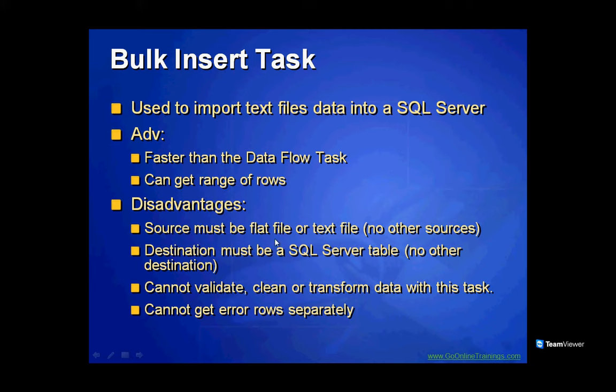The disadvantages are that the source must be a flat file or text file, the destination must be a SQL Server table, it cannot validate, clean, or transform the data with this task, and it cannot get error rows separately. So when you have data only in Notepad or text files, that is where you use this task.